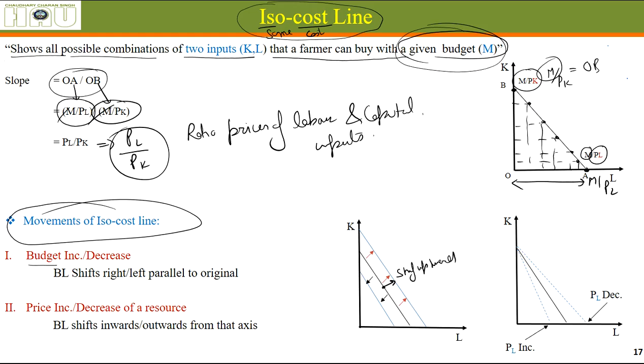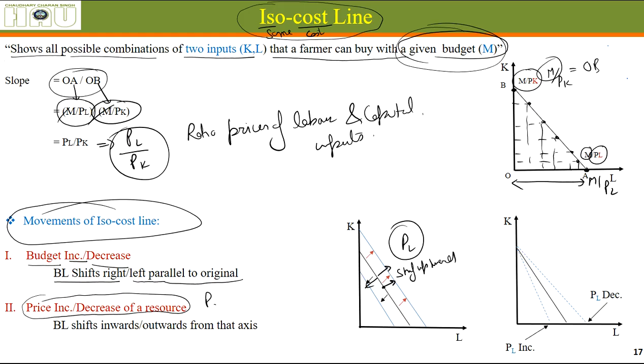Budget increase, budget line will shift to the right or upwards. If the budget reduces, he can buy less of inputs, so it will shift parallel to the original one towards the left. Budget increase, upwards; budget decrease, downwards; but parallel to the original ones because the prices of inputs are not changing. Let's see if the price of any of the inputs changes.